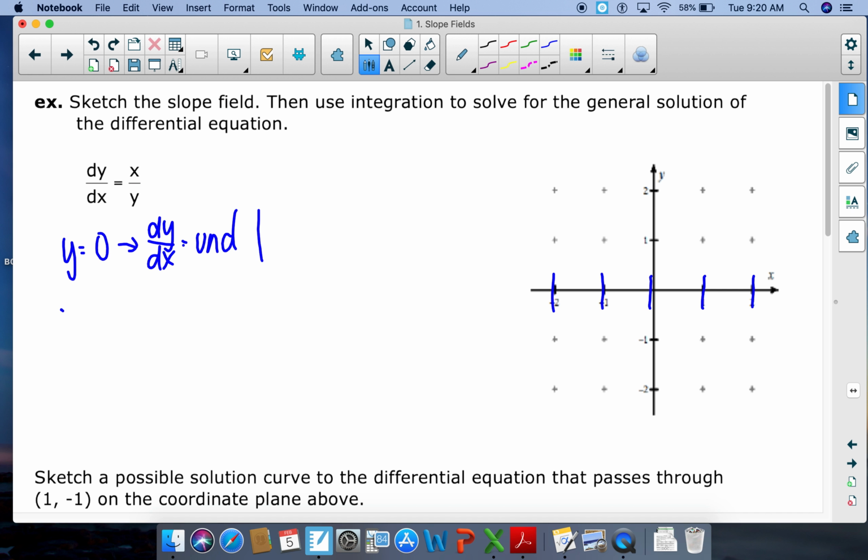If my x is 0 and my y is not, y being 0 is already covered, that means my dy dx would be equal to 0, which means I'm going to have horizontal. So anytime my x is 0, the slope is horizontal, and that's why I do the undefined first, because sometimes undefined and 0, undefined trumps everything.